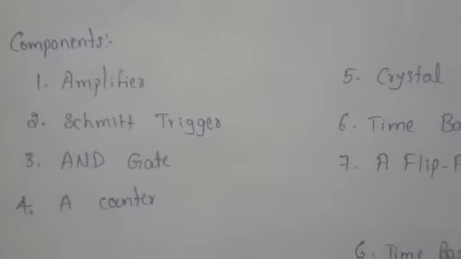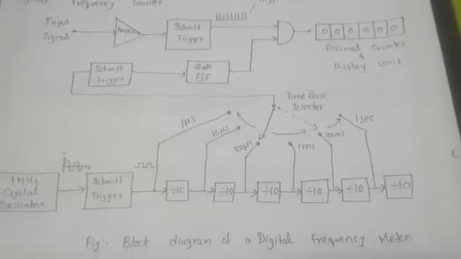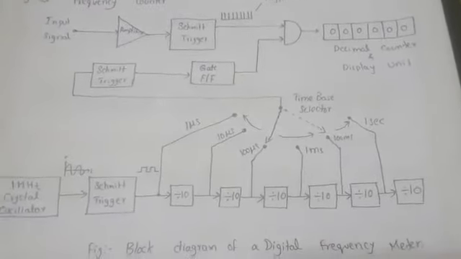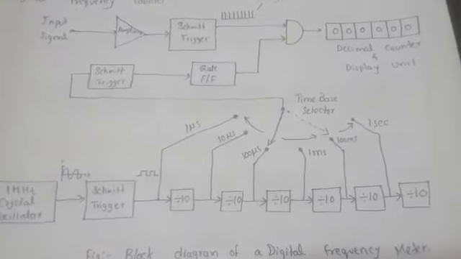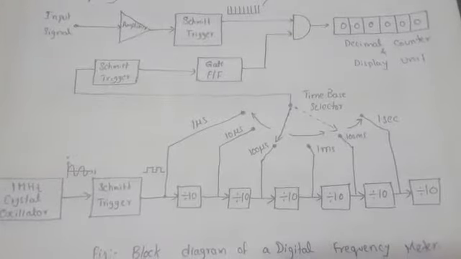Now we see the block diagram of digital frequency counter. So this one is the block diagram of digital frequency counter. It has different types of components.